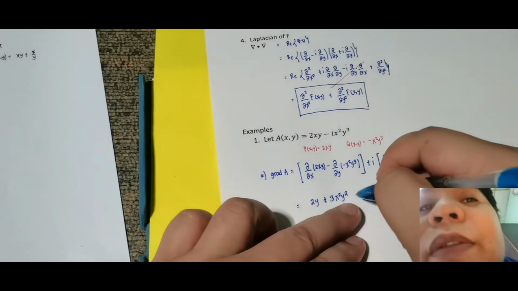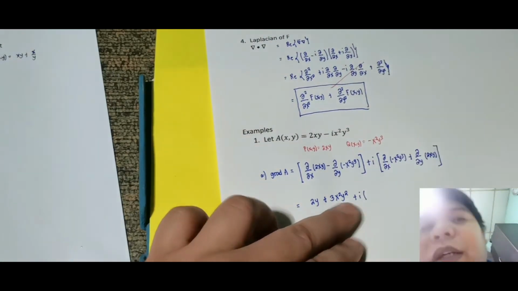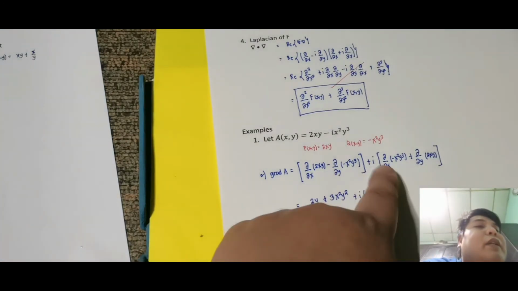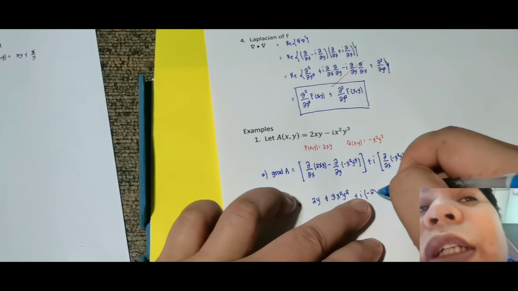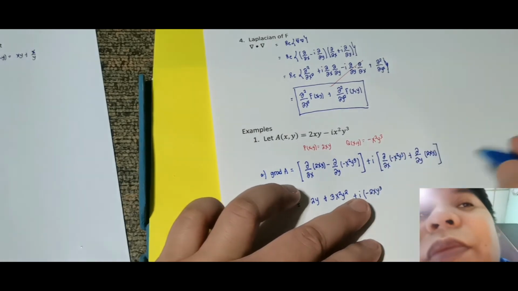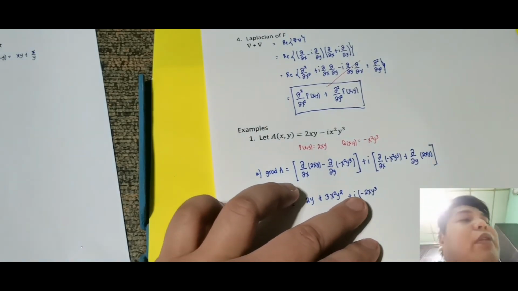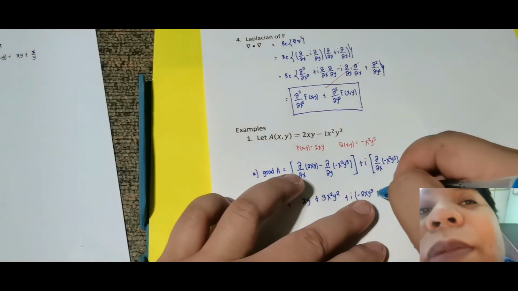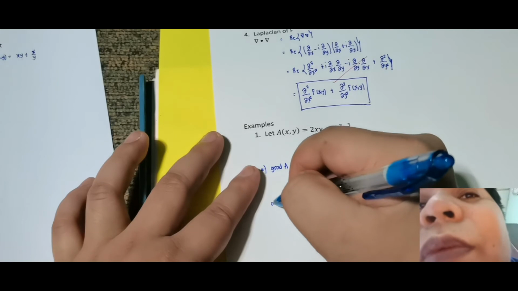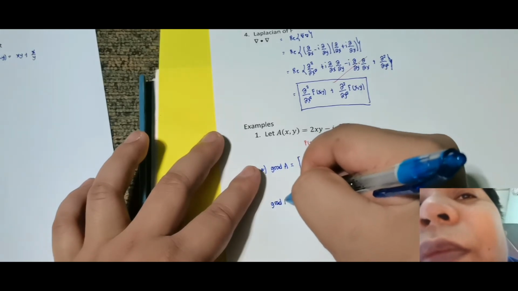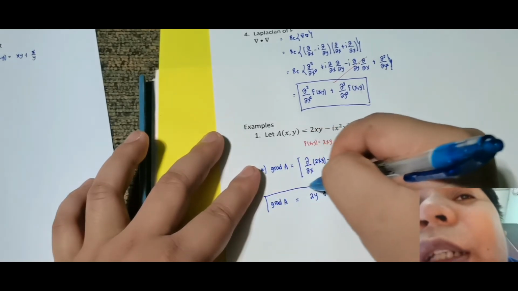Okay, then plus i multiplied by the partial derivative with respect to x, which is negative 2xy cubed. Then the partial derivative of 2xy with respect to y is 2x. That is plus 2x. So, therefore, the gradient of A is equivalent to this.